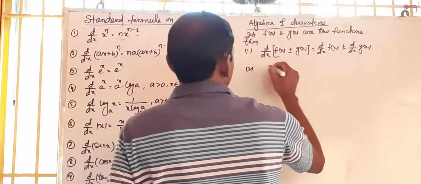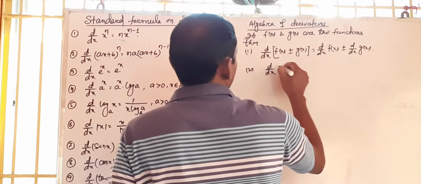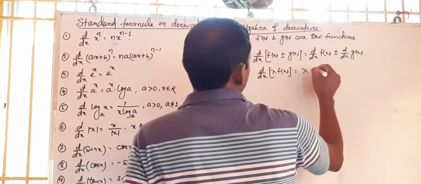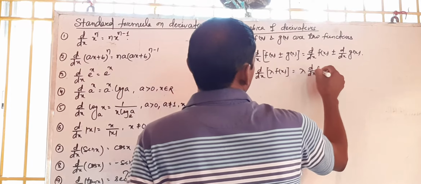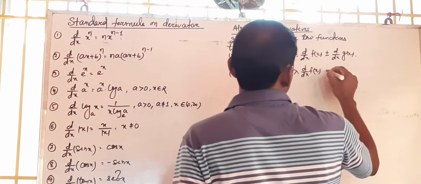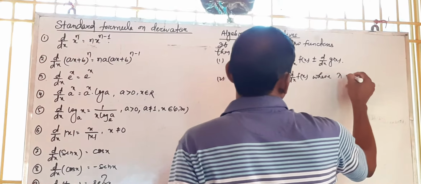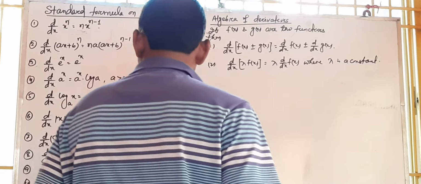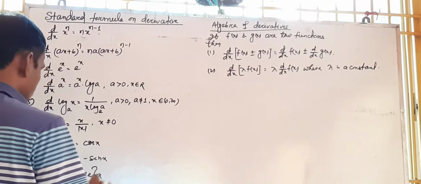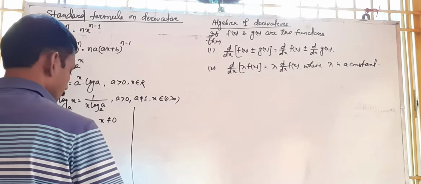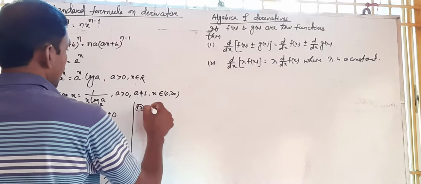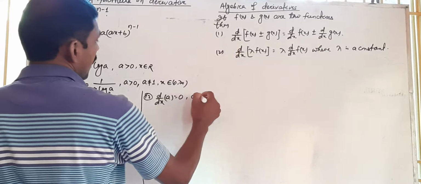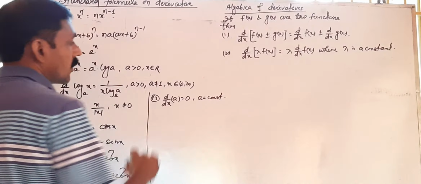Then derivative of lambda into f of x equals lambda into derivative of f of x, where lambda is a constant. And another thing I forgot: derivative of a is equal to 0, where a is a constant.